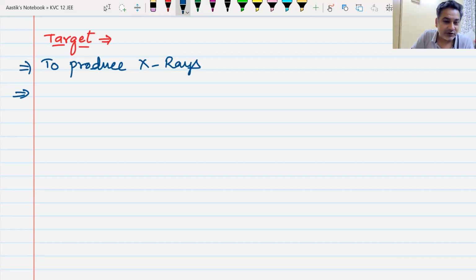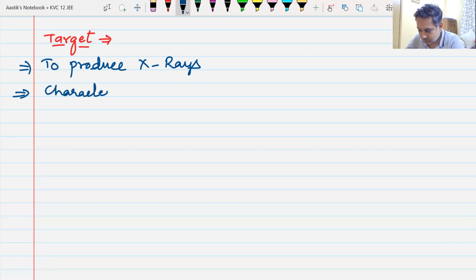What do you mean by quality? Atomic weight. The characteristics of the target. Let me write the characteristics. Number one, it should be of high atomic weight.